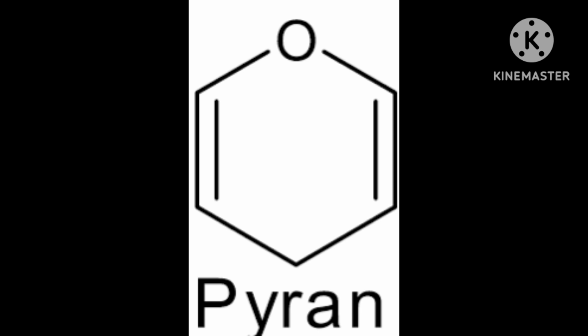Then that oxygen negative and carbon positive will join. Correct? They will make a bond. It is just like a ring form. That is called a cyclic hemi-ester structure.